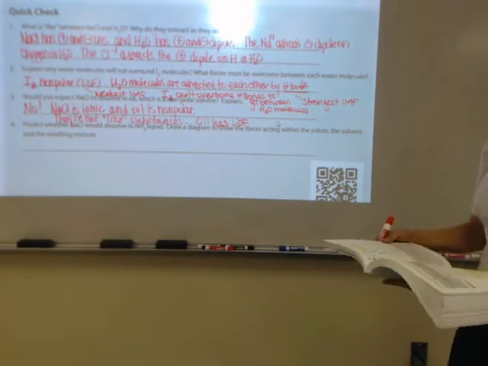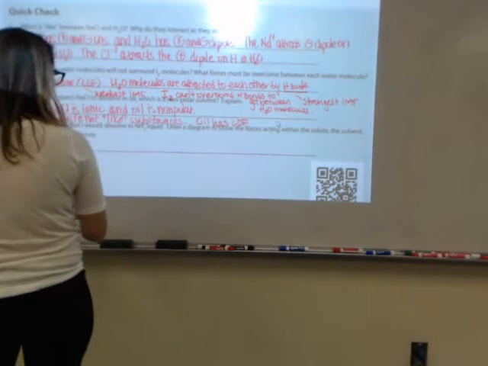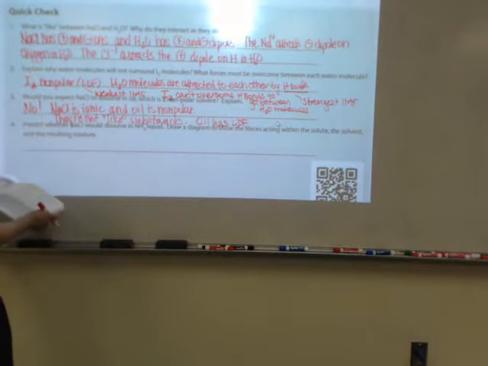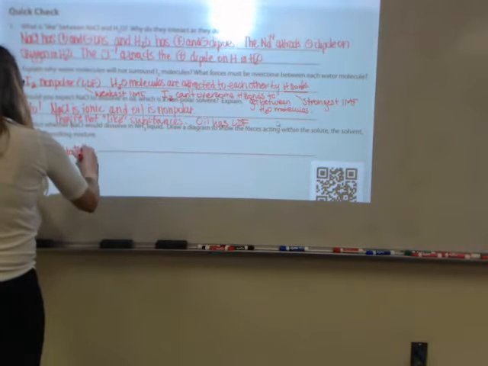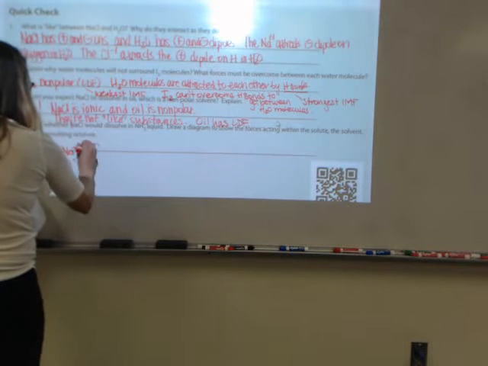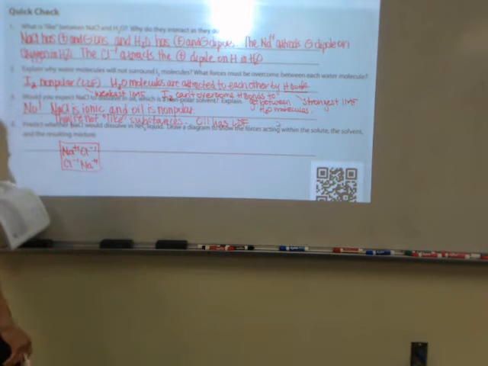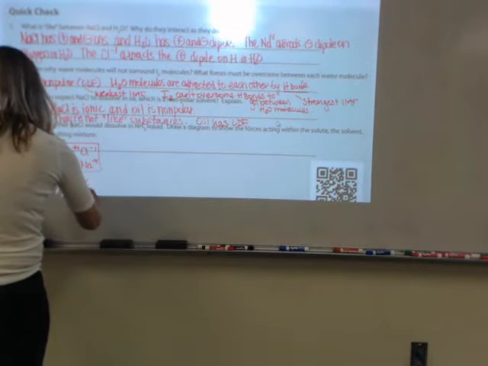Number 4, predict whether sodium chloride will dissolve in ammonium liquid. Draw a diagram to show the forces acting within the solvent, the solute, and the resulting mixture. Sodium chloride is made up of alternating cation and anions. So this has ionic bonds, okay?